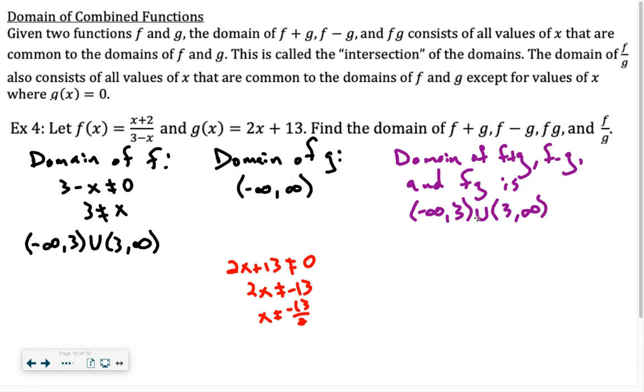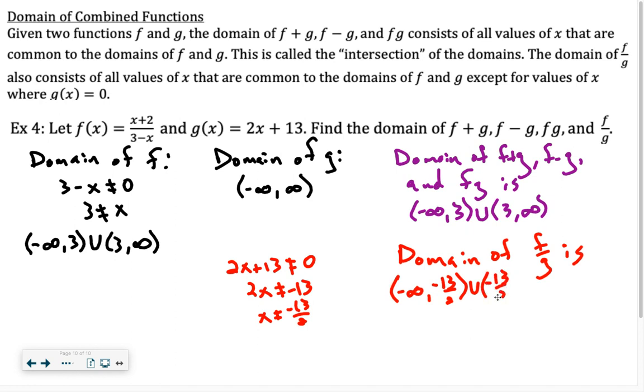So we're saying, in addition to excluding 3, for f divided by g, we also have to exclude negative 13 over 2. So the domain of f over g is negative infinity to negative 13 over 2, skip negative 13 over 2, and then I'm also skipping 3. So I'm going to go up to 3, union that with 3 to infinity.